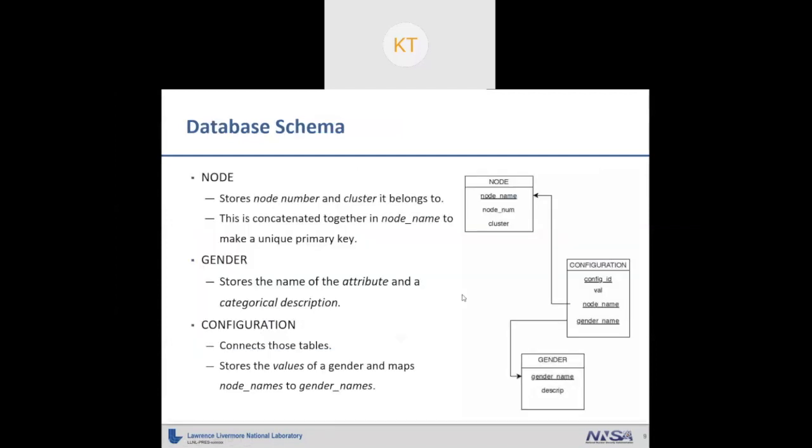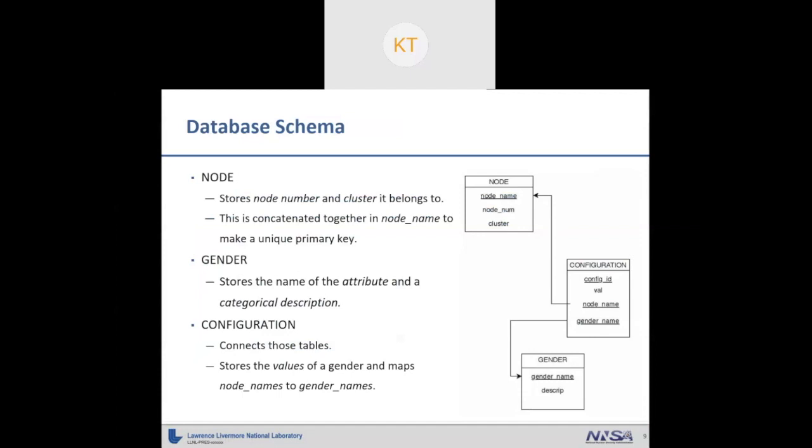So the image on the right is the diagram we made to plan out the database structure. We have 3 tables. The node table on the top stores the node number and what cluster the node belongs to. This information is concatenated together in the node name field to make a unique primary key.